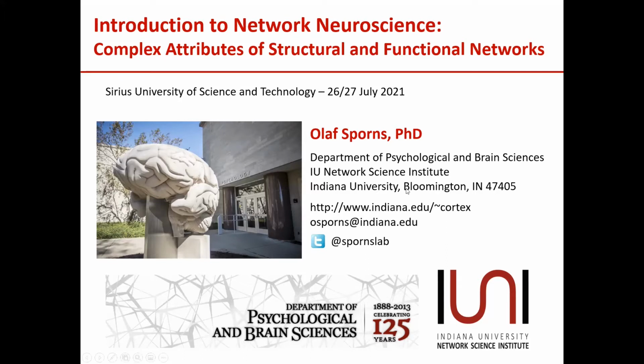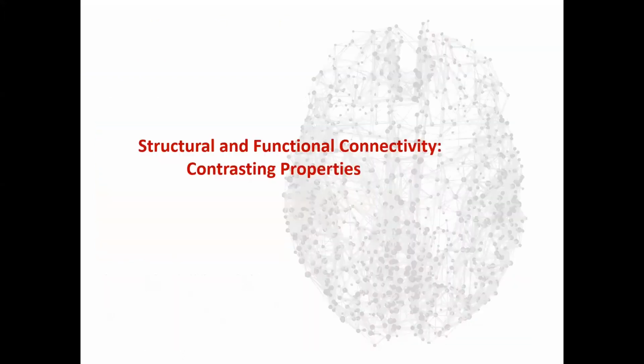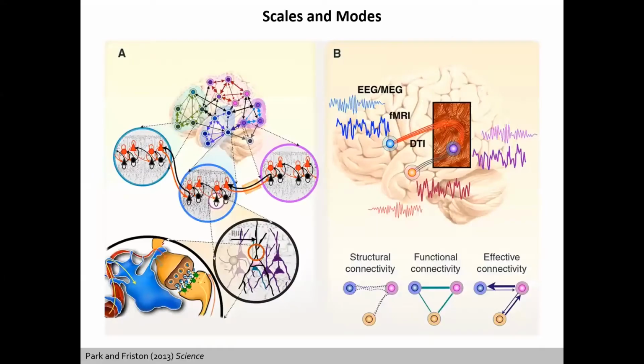And I want to begin by highlighting some contrasts between these two modalities, which I think are important to keep in mind. So a few contrasting features and properties between structure and function in the domain of connectivity.